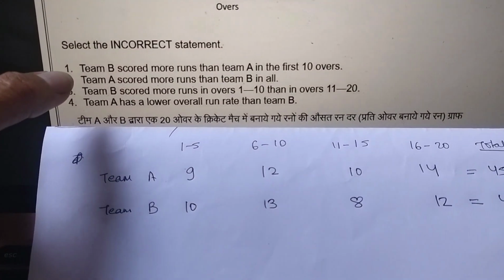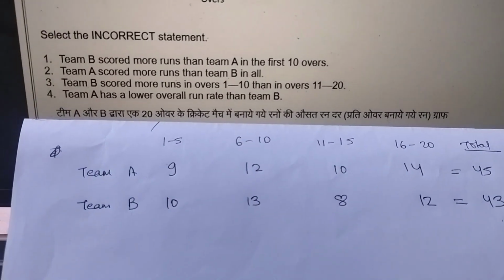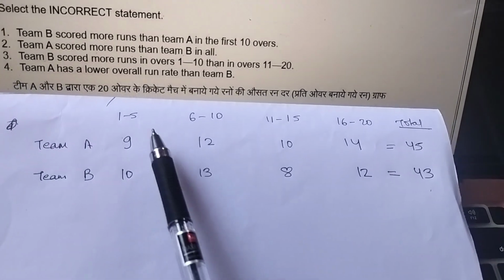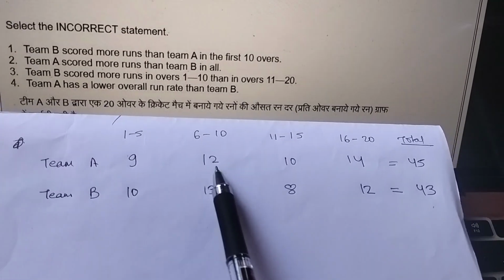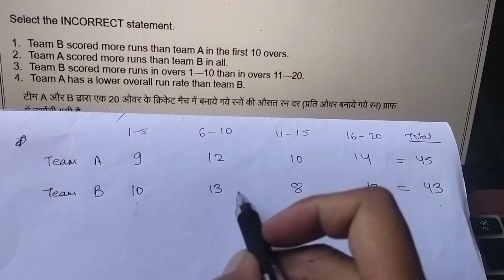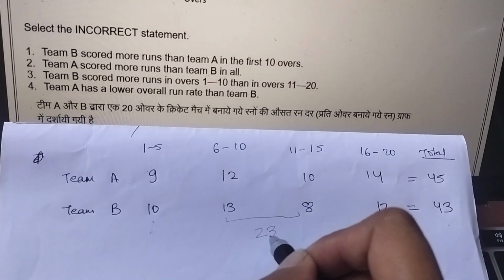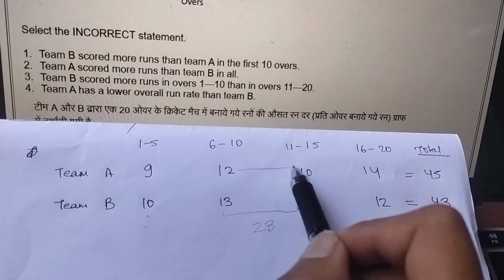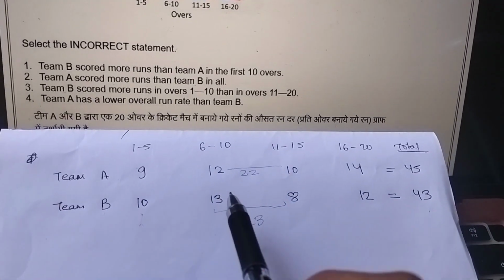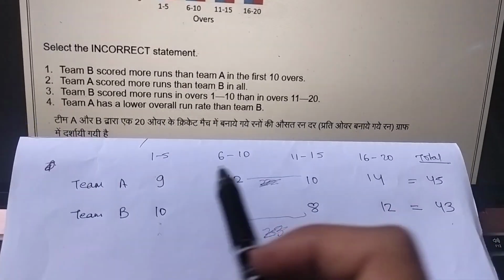Here in the first option, it is saying team B scored more runs than team A in the first 10 overs. So in the first 10 overs, that is till here, team B has scored 23, while team A has scored 21.